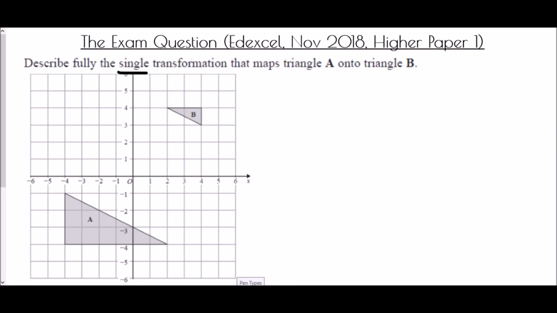And so as the size of the triangle has changed, the first thing we must write down is that it's an enlargement, because without writing that, we have not fully described the transformation. So it's an enlargement, and then as always we need a scale factor and we need a centre. And so to find each of those, we'll go with our rays.